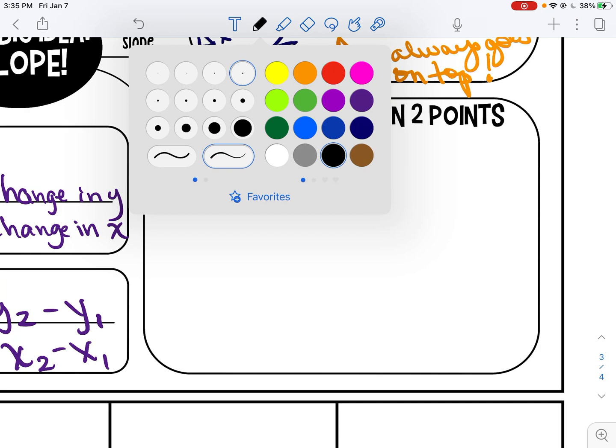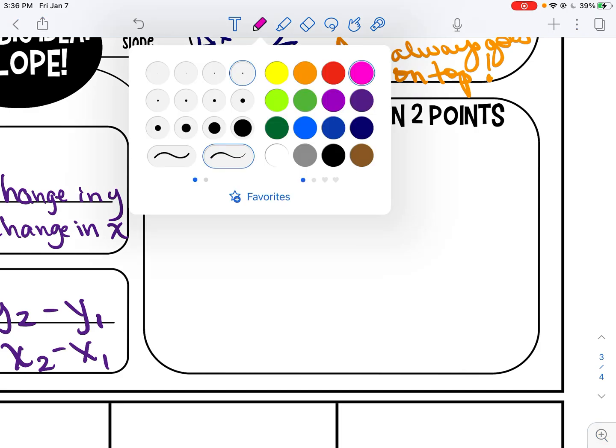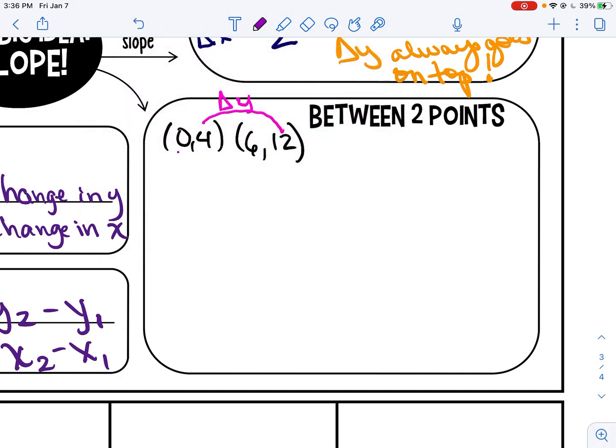I'm going to pick the point 0, 4 and the point 6, 12. These are my y values, so this is my change in y. These are my x values, so these two would be my change in x. So I have my slope: y2 minus y1 over x2 minus x1.